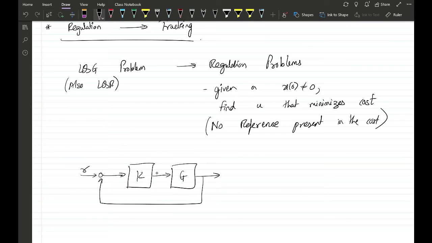Now, because the LQG problem, the LQR problem, was not a tracking problem and was rather a regulation problem, when we use a controller designed for a regulation problem in a tracking loop, we have to do some analysis a posteriori to check the tracking performance.